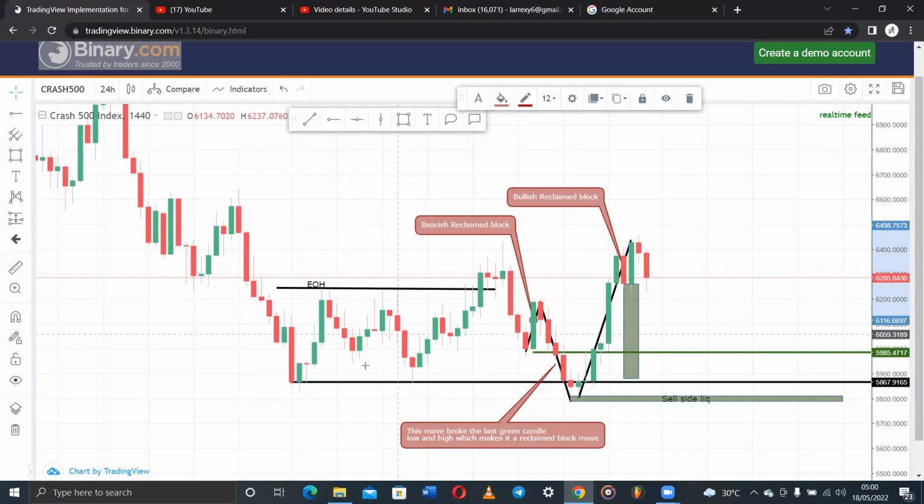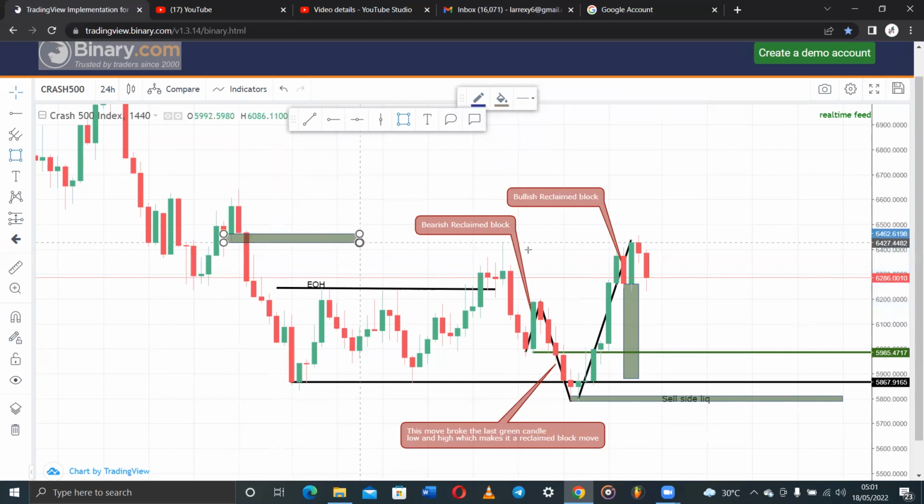So now, moving forward, it breaks this equal high and picks out this high here. Why picking out this high? It has mitigated this other block here. That is the last black and green candle, this bullish order block that was created before. You can use the full body or anyhow, but when you refine it down, you will know that this is where the liquidity is.